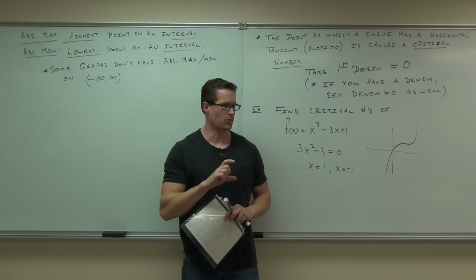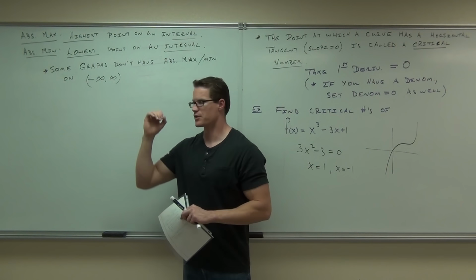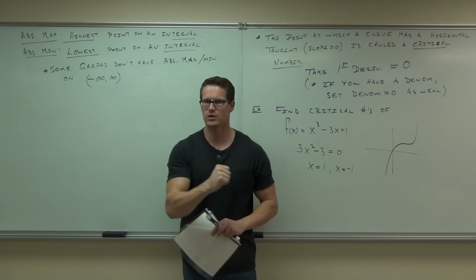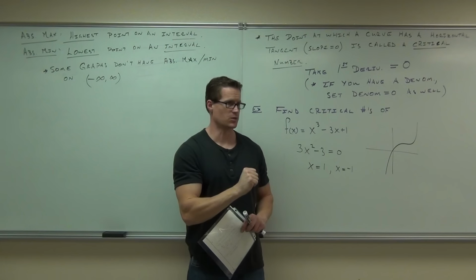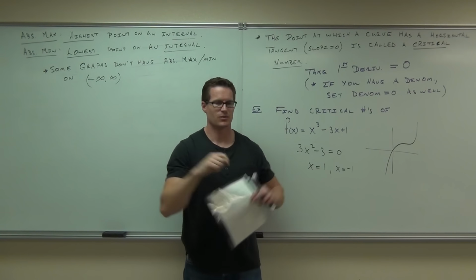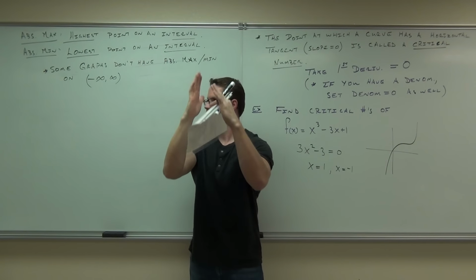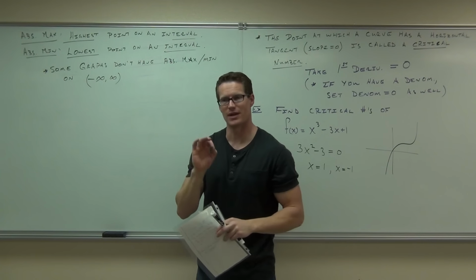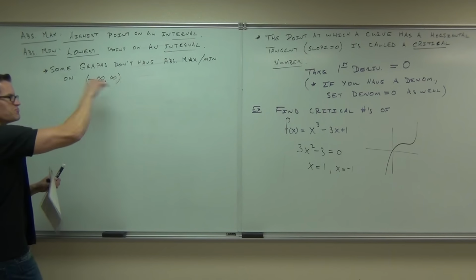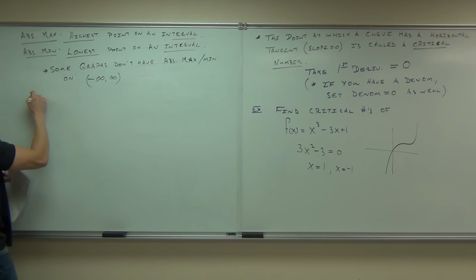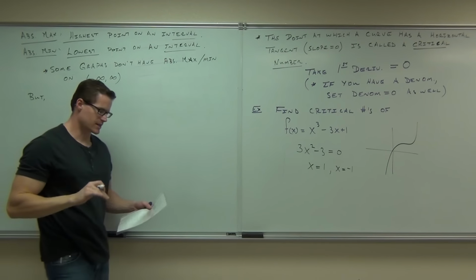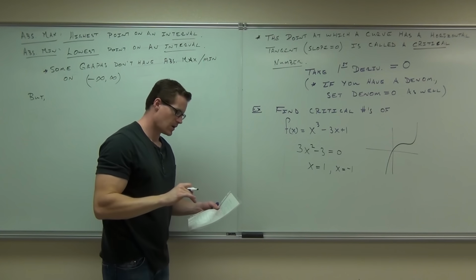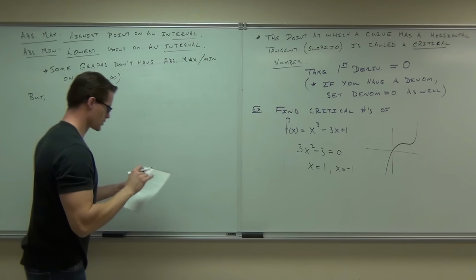On a closed interval, so if I say from 2 to 3, there's going to be a highest point and a lowest point, as long as the function is continuous. Yes? We don't want this idea. That would not work. But as long as it's continuous, that's going to happen. So this, not so much. But every function has an absolute max and min, if the function is continuous, on any closed interval.